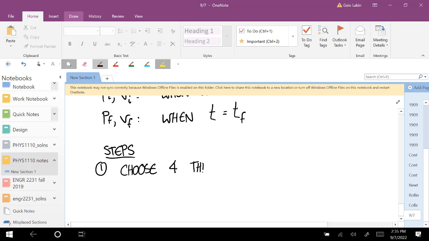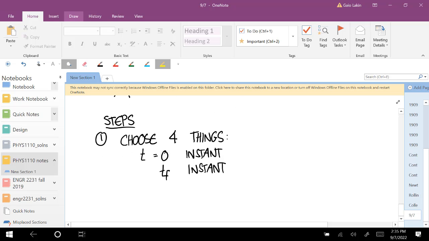So you have to choose 4 things: an instant corresponding to time equals 0, an instant corresponding to time final, a location corresponding to the position equals 0, and a positive direction.